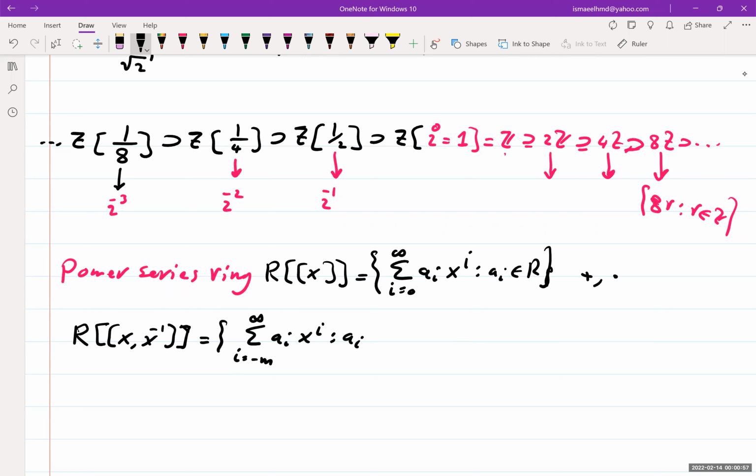Of course, a_i are in R. This ring is called the Laurent series ring because its elements are Laurent series, as we will study in complex analysis.